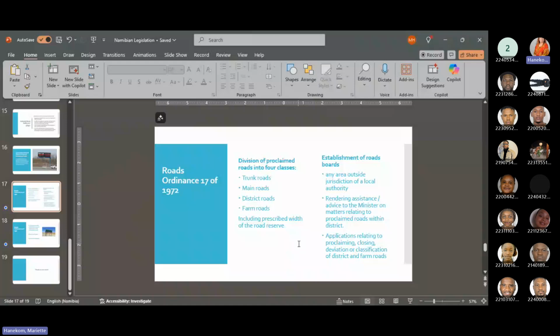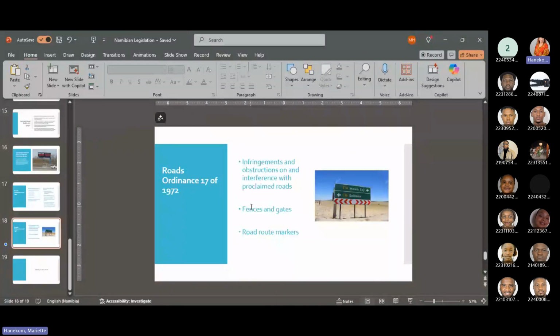They still play an important role. And you will find more detail of this in the notes. Remember, the PowerPoint slides do not replace the notes.